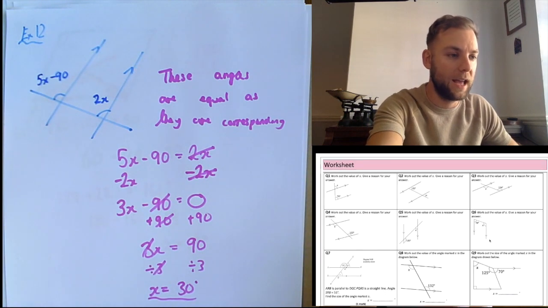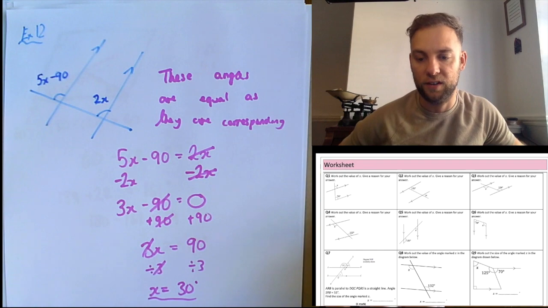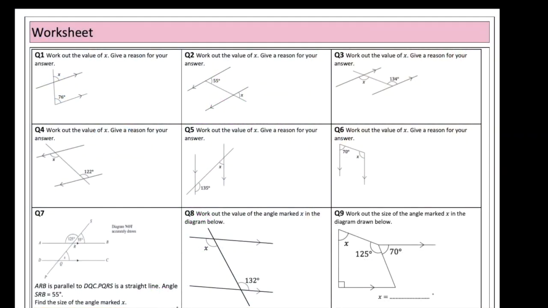So, here are some questions. I'll make them big for you so you can see them, for you to have a go at. So have a go at these questions. There's actually 2 sheets on this because I couldn't fit them all on one page. So have a go at that, please. I'll pause now. Okay, here's the next set.